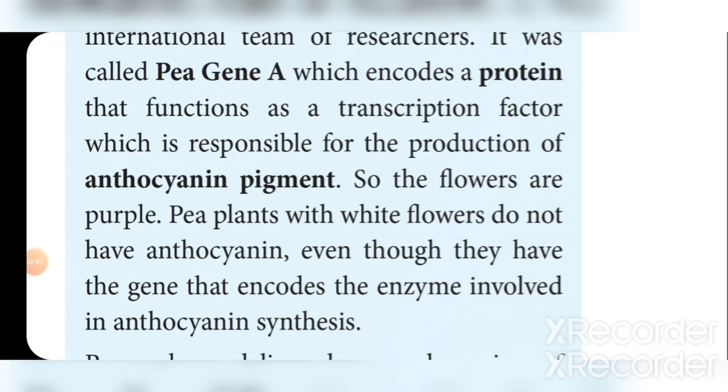It was called the gene A, which encodes a protein that functions as a transcription factor, which is responsible for the production of anthocyanin pigment. Here, anthocyanin is a pigment which is responsible for purple color.